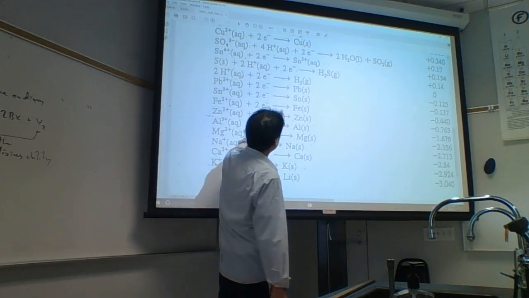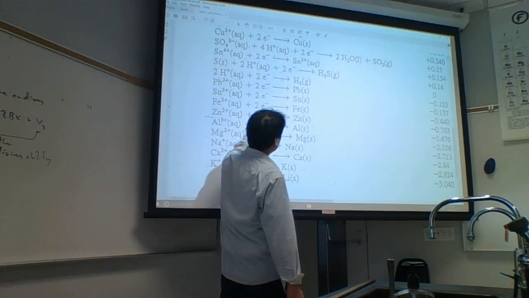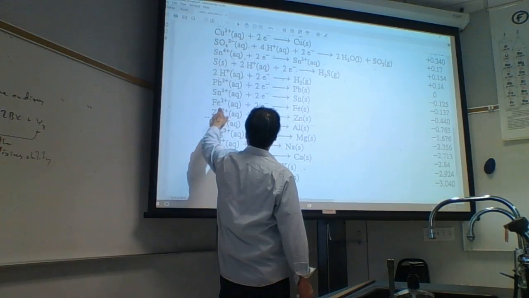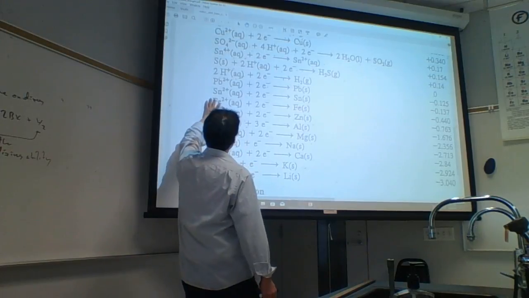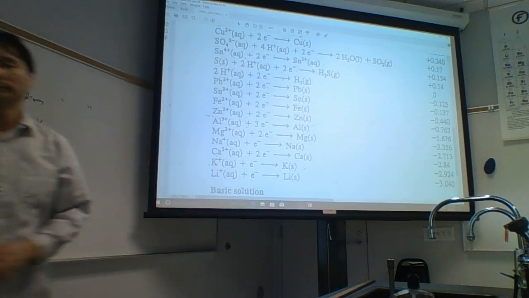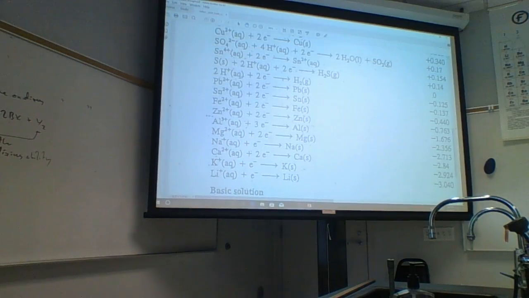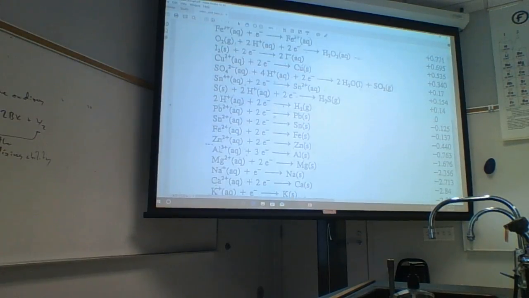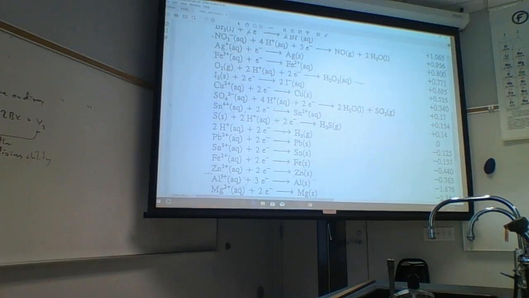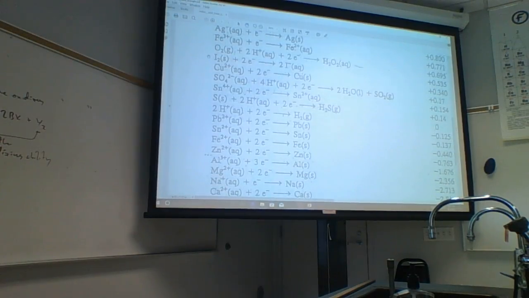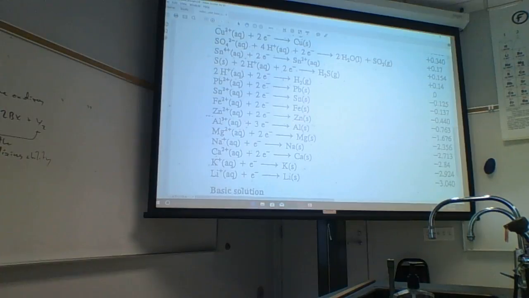Do you see iron going to iron 3? No. Iron 3 is very common, though. Where's iron 3? Iron 3 is up here. Once we form iron 2, then that iron 2 itself can go to iron 3. The first step is just to go to iron 2, and that's all we're going to do. So this is going to go to iron 2 chloride, FeCl2, and hydrogen gas.